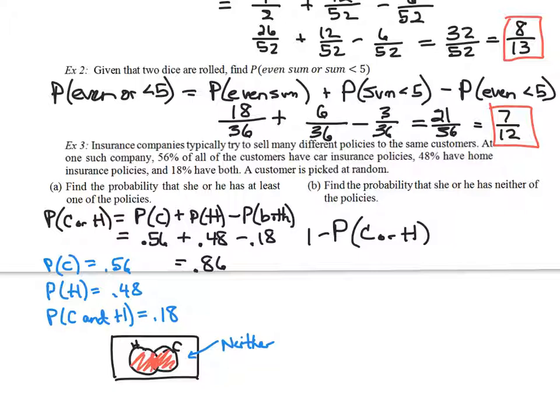We want the ones outside of those two circles. So in this case, we're going to say 1 minus 0.86, and that's giving me a probability of 0.14. So notice that our two answers this time are complements of each other because they add to 1.